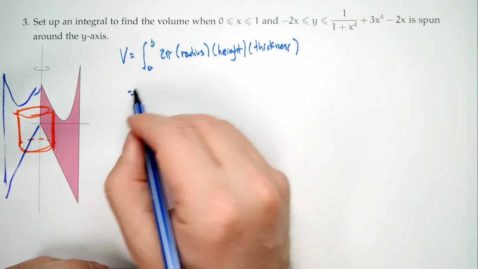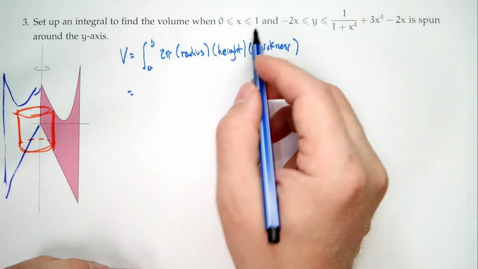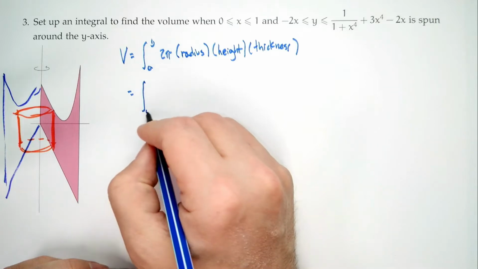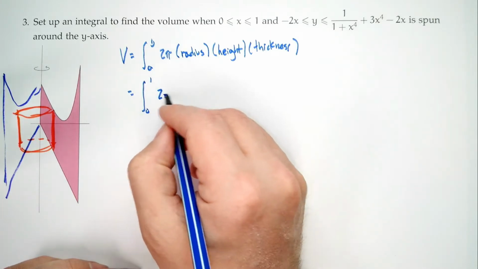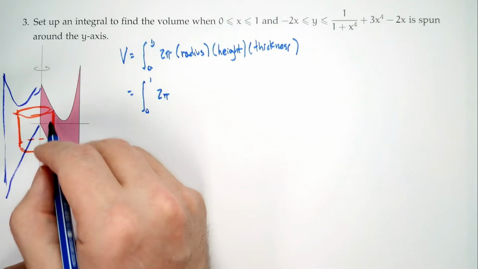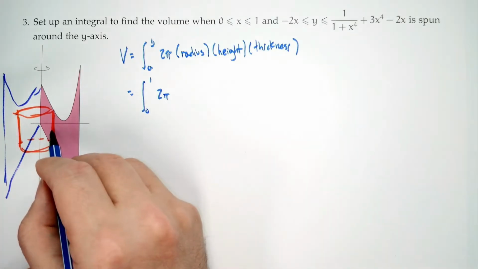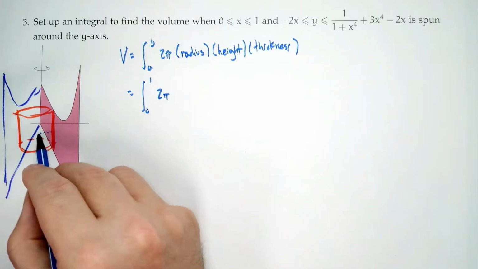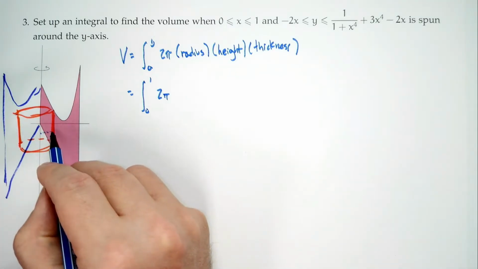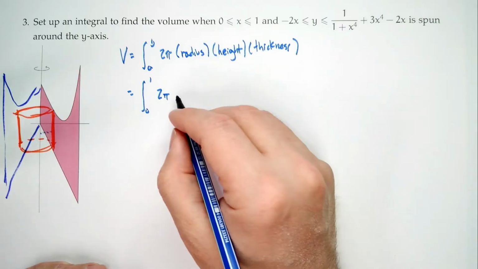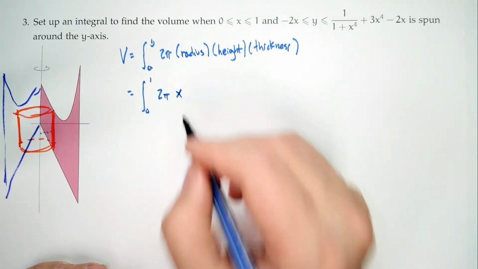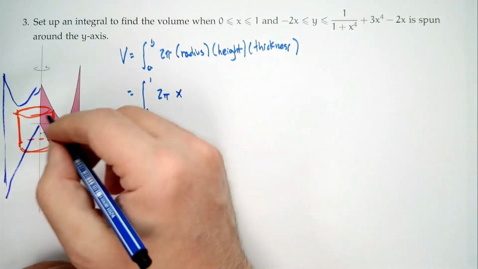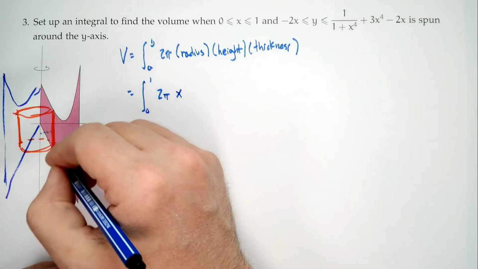Well, where are we adding between? 0 to 1. Okay, it's not so bad. 2 pi is 2 pi. Now what's the radius? Well, it's how far your slice is from where you're spinning. In this case, that's our distance to the y-axis. So the radius, in this case, is x. What's the height? Well, it's this measurement here.